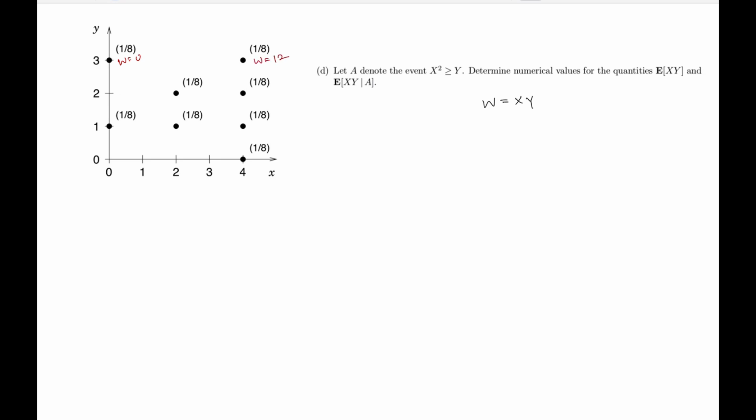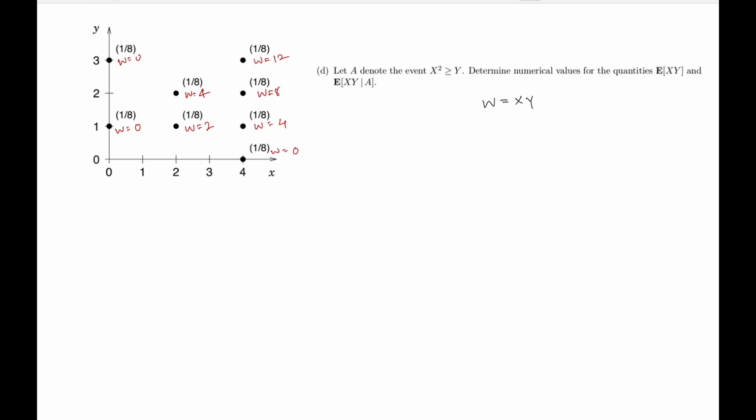Here the product will be 4, so w will take the value 4. Here the product will be 8, so w will take the value 8. Here the product is 0, here the product is 2, and here the product is 4. Here the product will be 0, right?